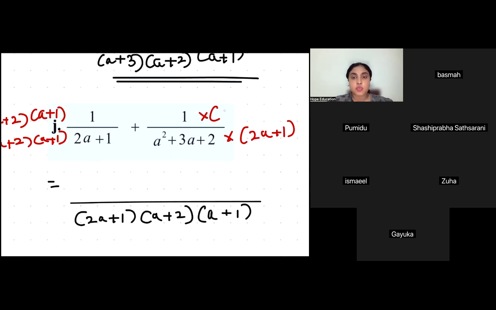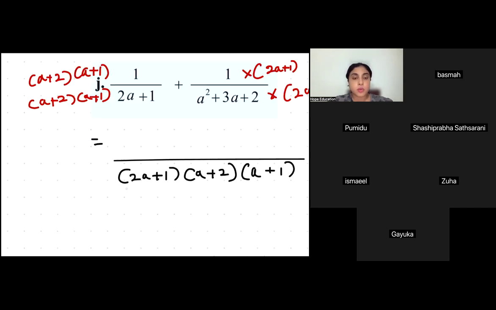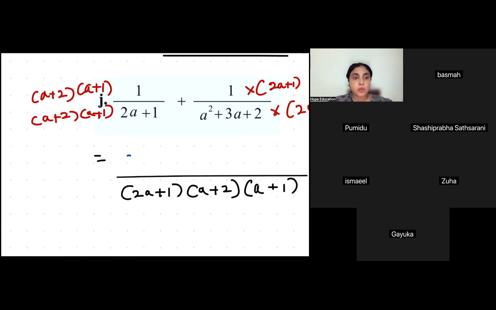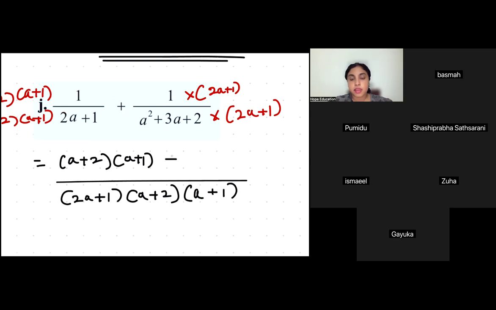So we have a plus 2, a plus 1, plus 1 multiplied by 2a plus 1.